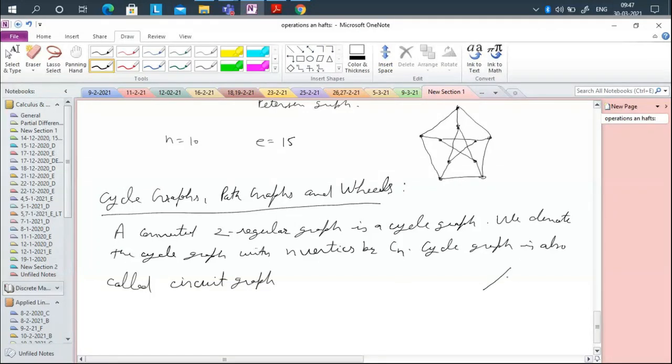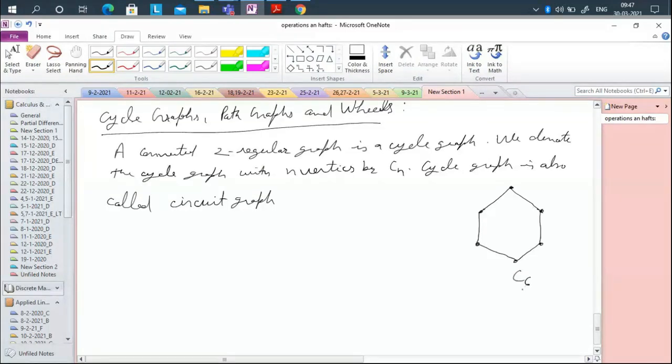Here we draw the cycle graph with 6 vertices, so this is called C6. Each vertex has degree 2, this is a 2-regular graph, and there are 6 vertices. So we denote it C6.